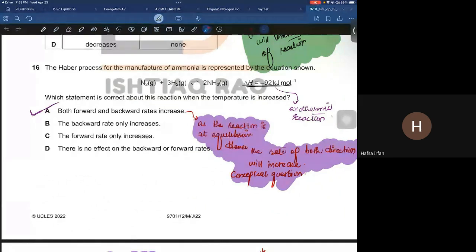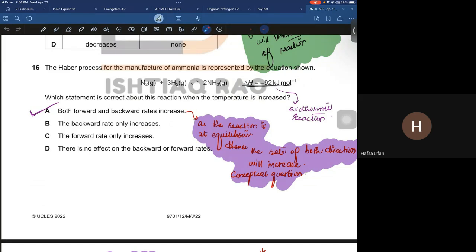Since the reaction is exothermic... Both forward and backward rates increase. When I increase the temperature, the rate increases, not only the forward reaction, but also the backward reaction.